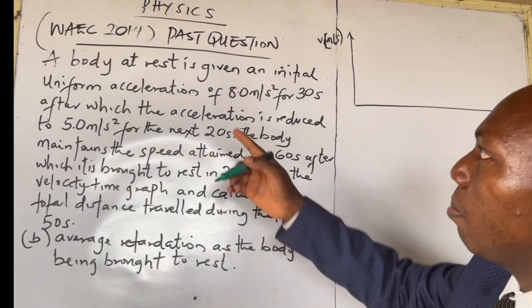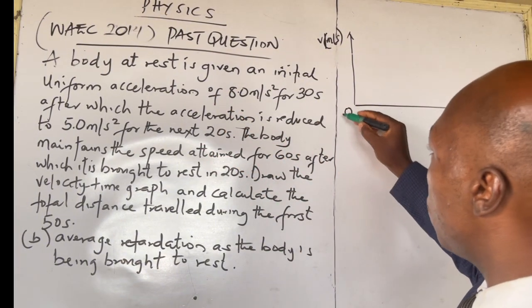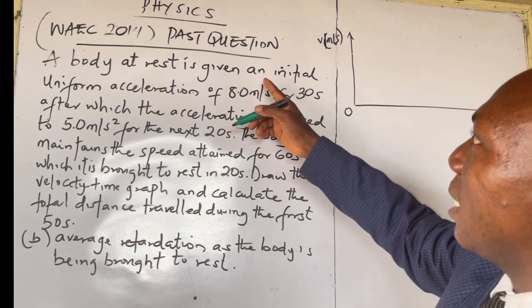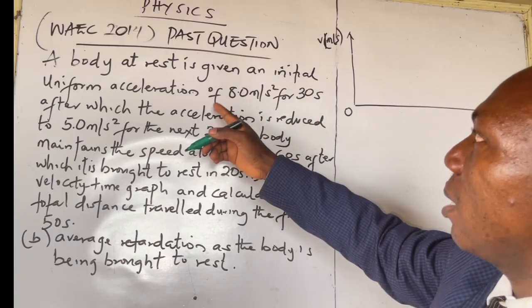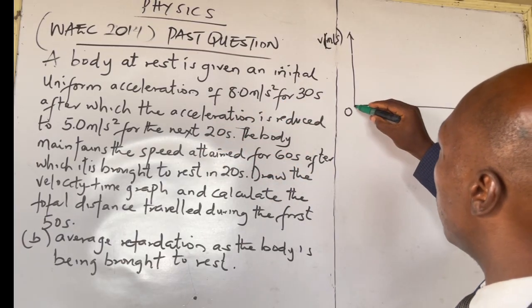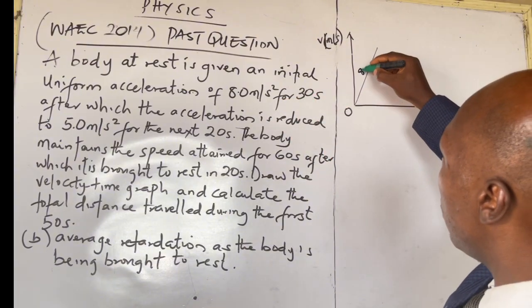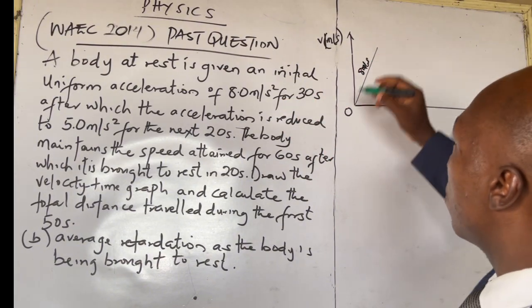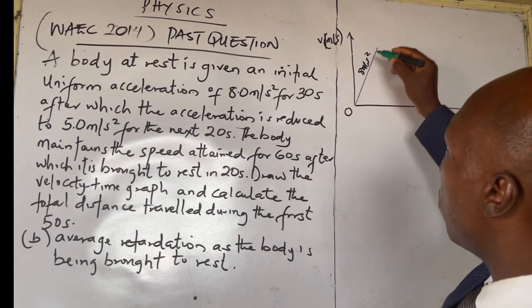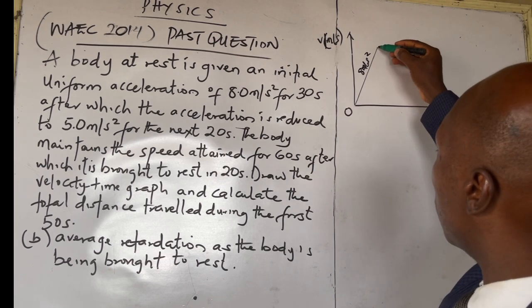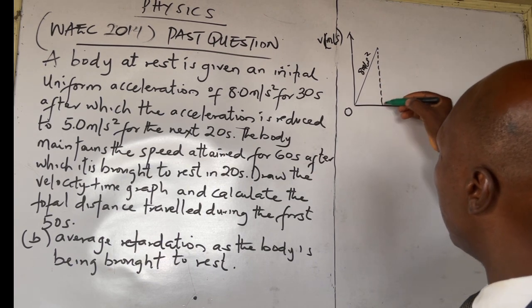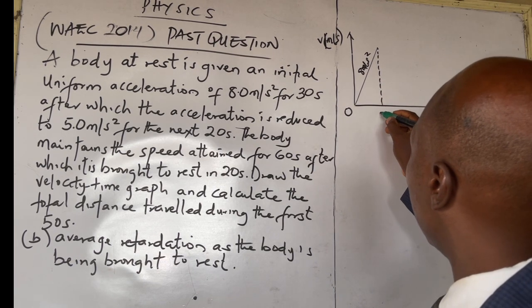We are told that a body at rest, that means starting from 0, is given an initial uniform acceleration of 8 meters per second squared for 30 seconds. So the time attained there is 30.